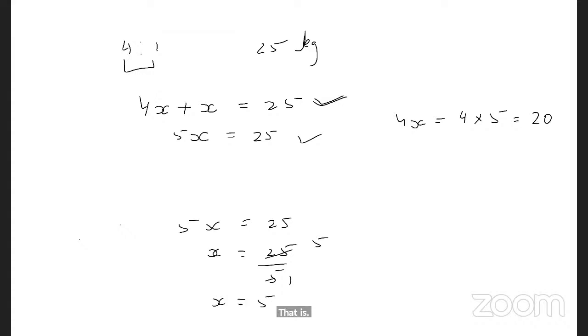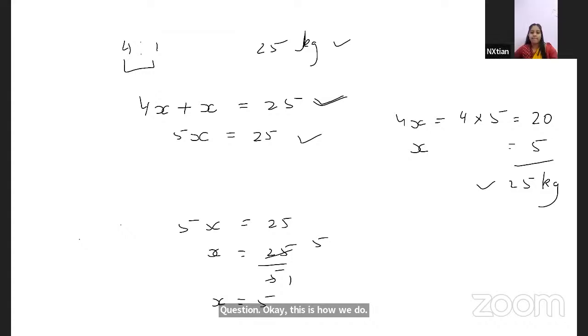And x we have 5. Total is 25 kg, that's given in the question. This is how we will solve it. Hope it's clear now, Abraham.